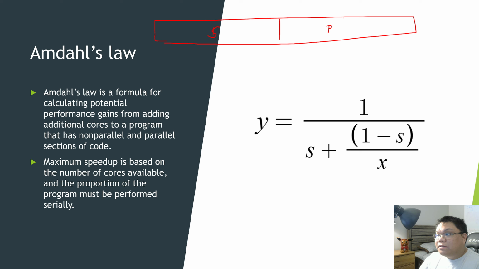So the idea is this. And I hope you can see this just fine on your screen. If 50% of the time is spent executing serial code, and the other 50% of the time is done executing parallel code on one CPU core, if we have a second CPU core, what will happen is this.